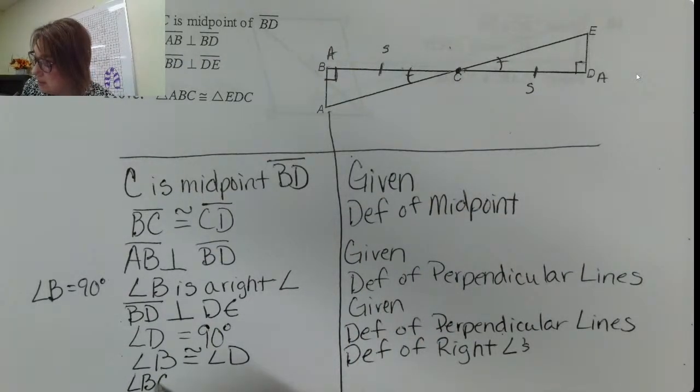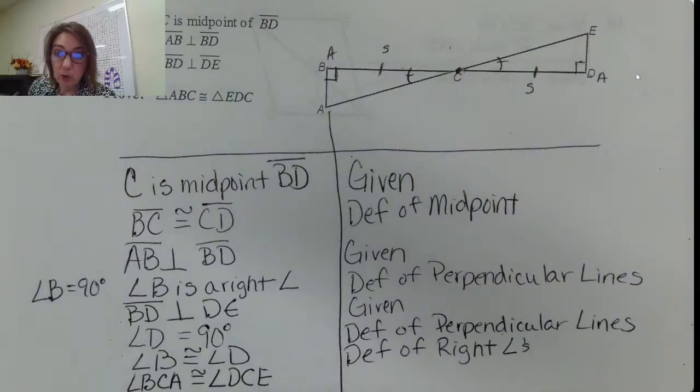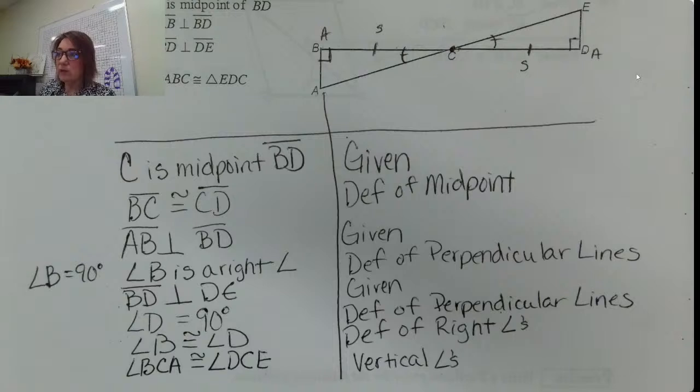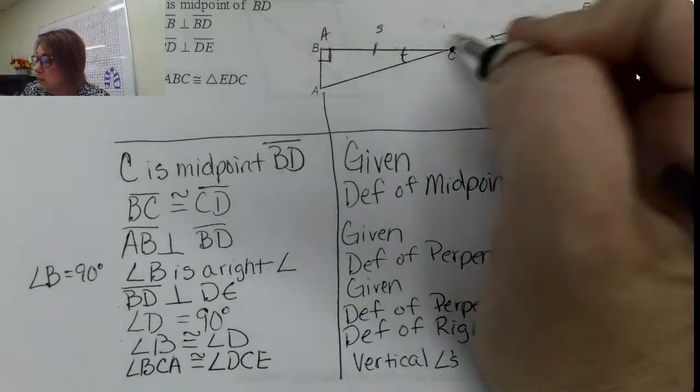Angle BCA is congruent to angle DCE. For what reason? Vertical angles. And you could write definition of vertical angles. I've just always written vertical angles. Technically, I think the phrase definition of vertical angles is more correct, but if you just put vertical angles, you're good.